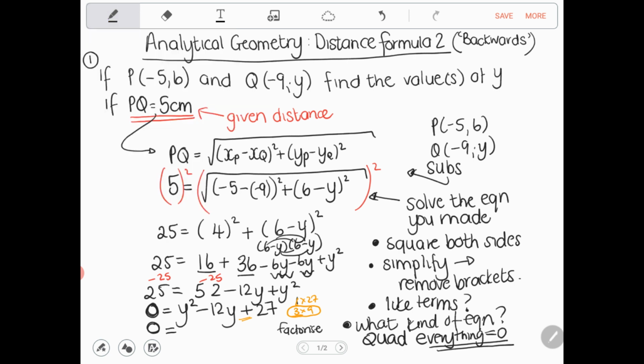So those are my two factors that I need. Y and 3, y and 9. And our signs have to be the same because it's a positive 27. So it could be positive and positive, or negative and negative, and the negative 12 tells you it must be a negative and a negative. Okay. Now we need to use our zero product rule.